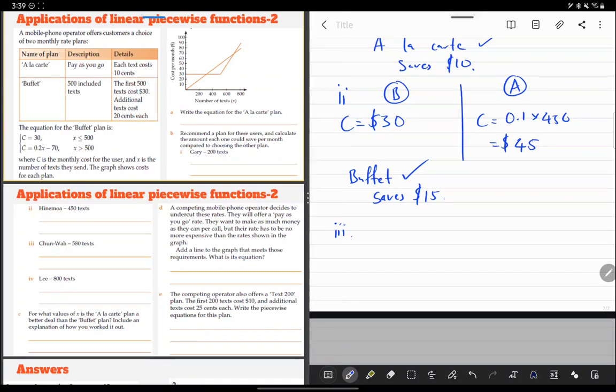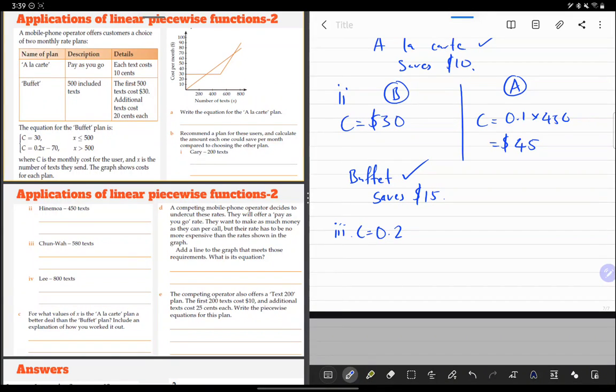Chinois, 580 texts. Now, on the buffet plan, we're actually greater than 500 texts. We are in a different equation now. We're using the second part of that equation, that bottom line. So let's go 0.2.